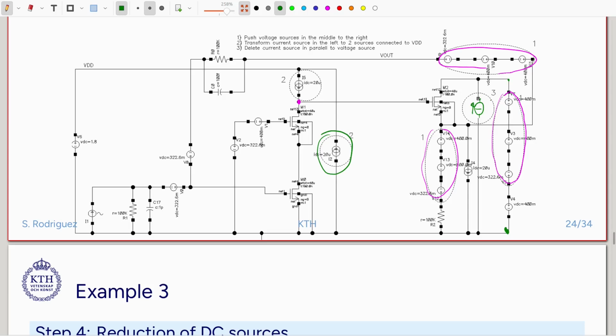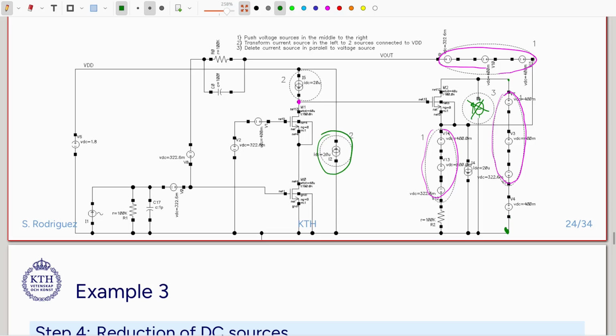Okay, it is basically independent. It is in parallel to a voltage source here, so I can just basically remove it. We can say that it's solved by the voltage source that is on the right.